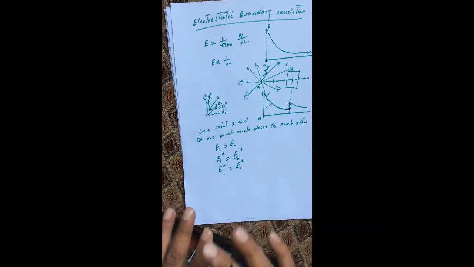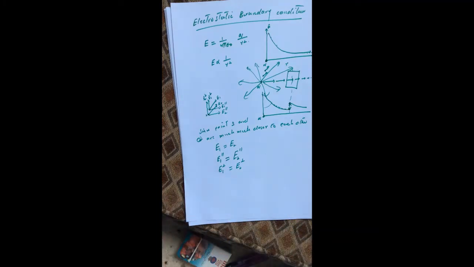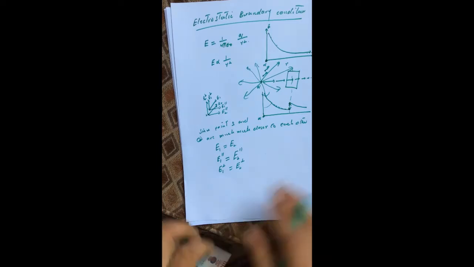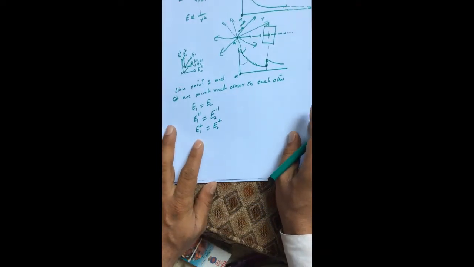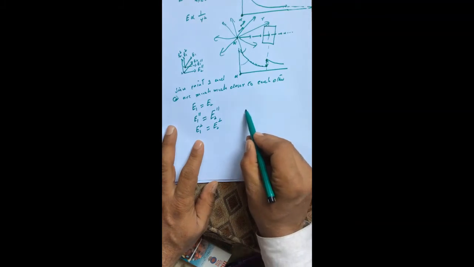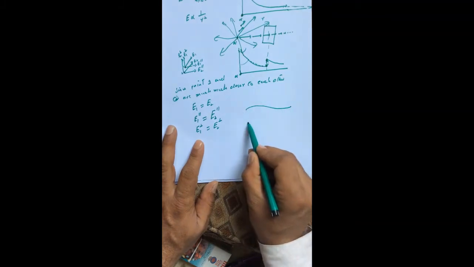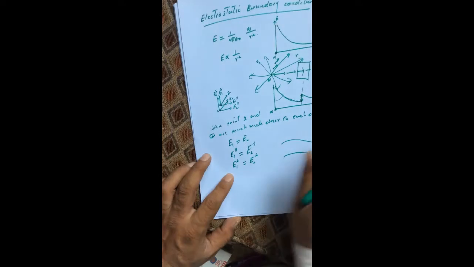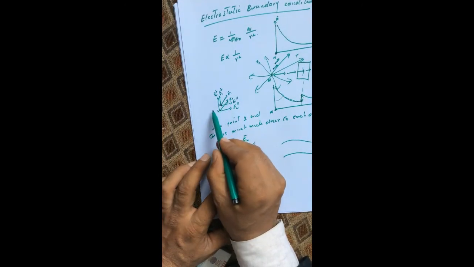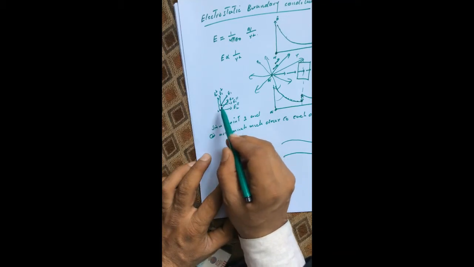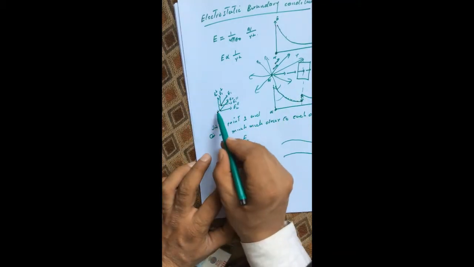This is the case with free space, like we are not introducing any surface in these 2 points. Now we are introducing a surface. Suppose we have these 2 points. In between these 2 points, I introduce a surface with charge, and on that surface we have a charge.